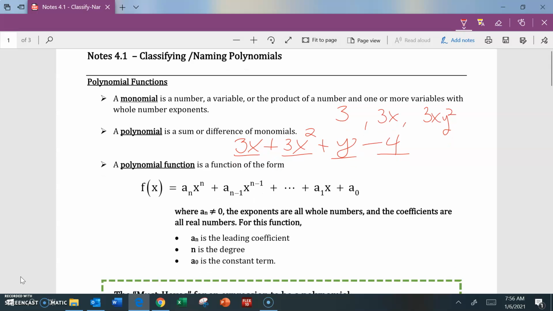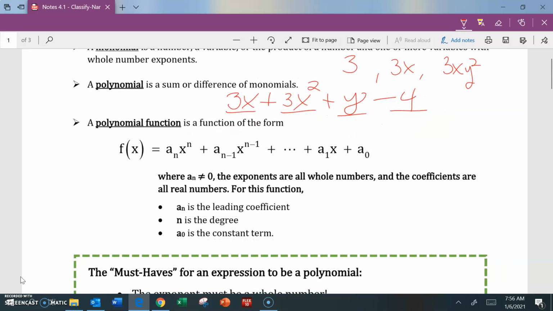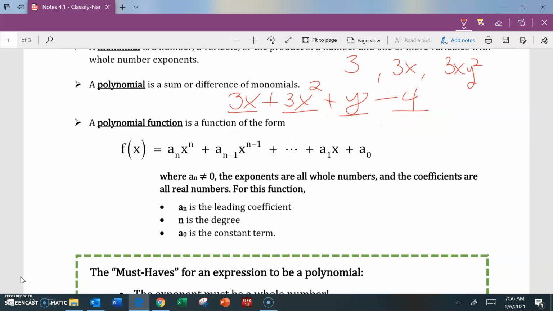So a polynomial function, and you can see this big long equation, that's just generic for, n could be x to the fourth, and then plus the a value is just your coefficient, just as up here I have 3, 3 is the coefficient, and then the -4 is called your constant. So that's just kind of like a generic formula.